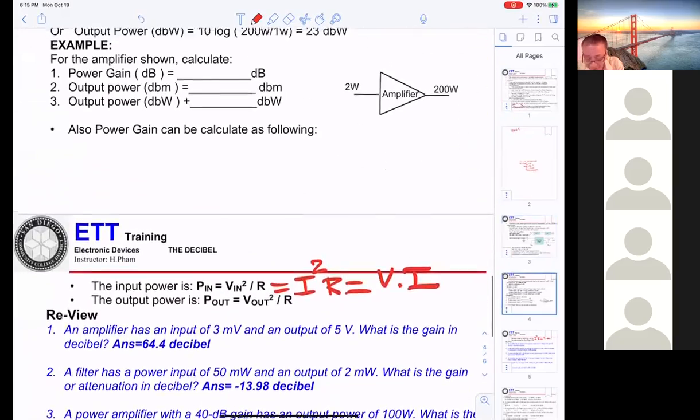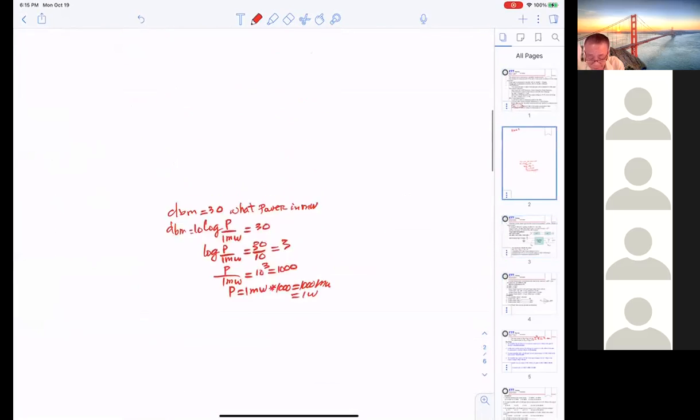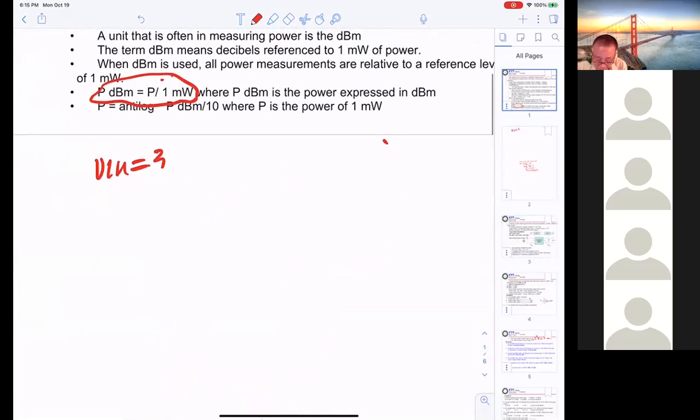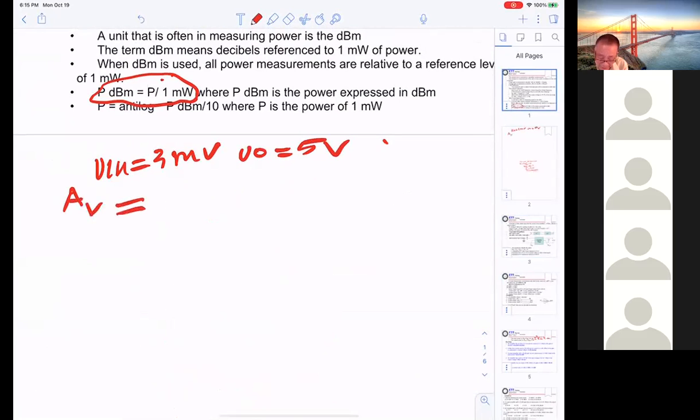Three millivolt, 5 volt, V out. And now they want AV, and then they want AV in dB. AV will be equal V out.